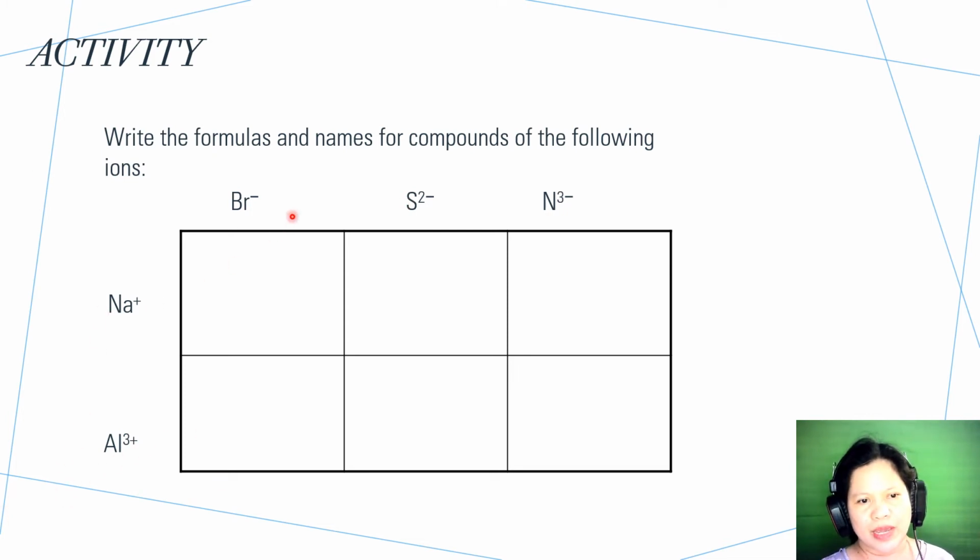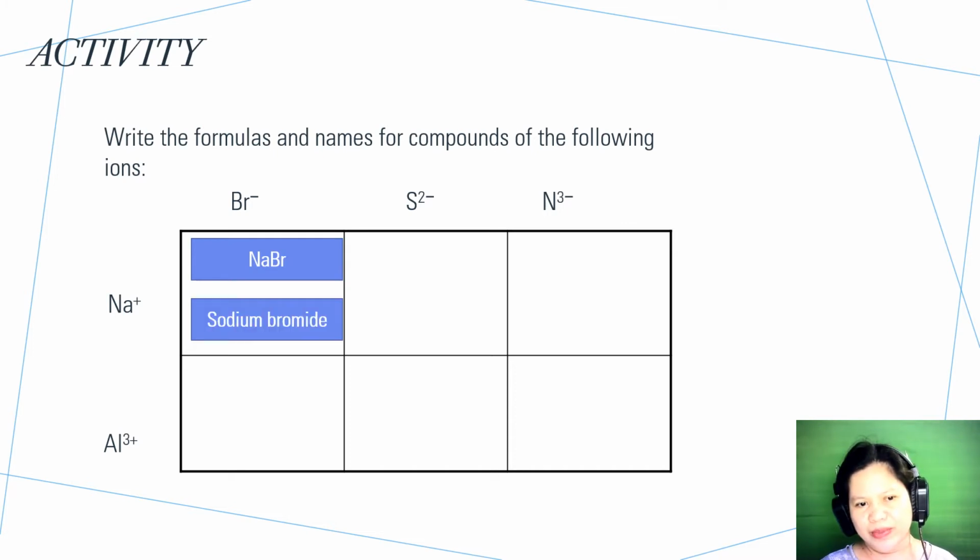All you have to do is combine sodium plus bromine. What would be the formula given? It will be NaBr. So what will be the name? Sodium bromide.